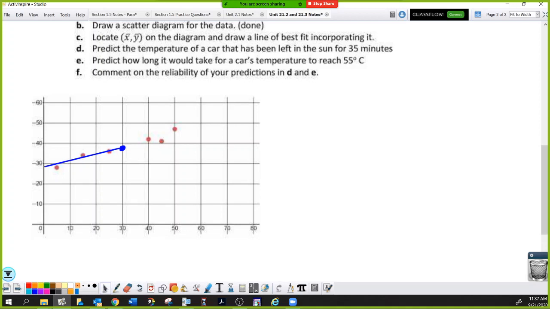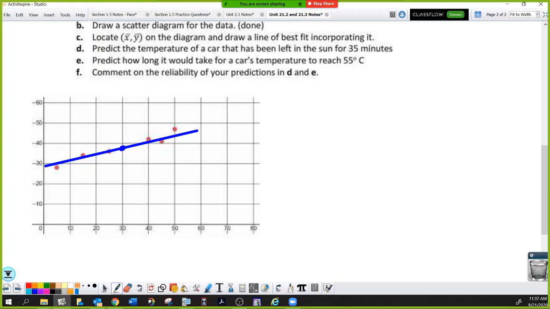That feels like the best one. I'm trying to get relatively the same number of dots above it and below it.